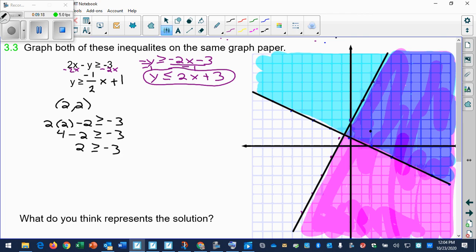And then I'll try it with this one. 2 should be greater than or equal to -1 times 2 plus 1. That is -1 plus 1. So yes, that's a true statement. So that confirms that the overlap is correct. So not so bad, right?